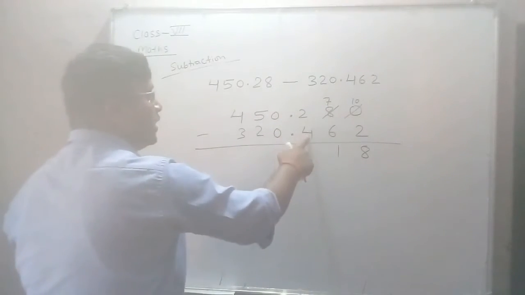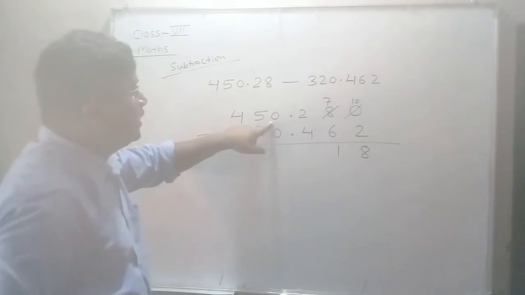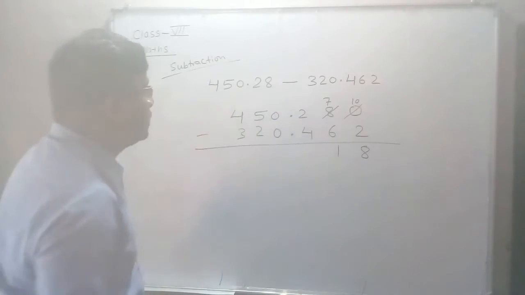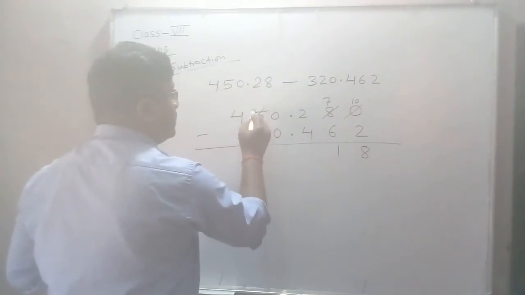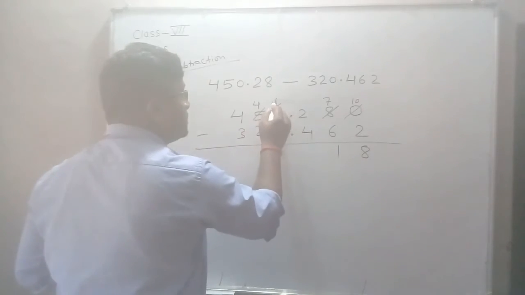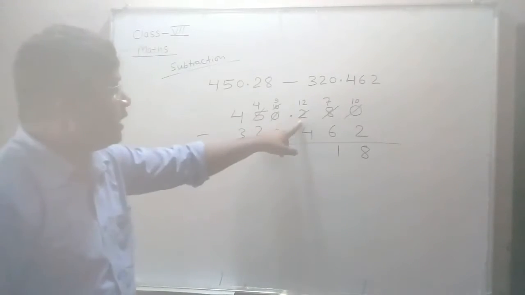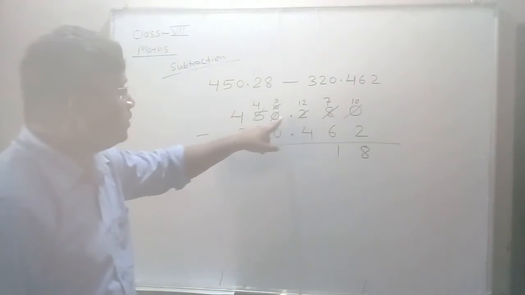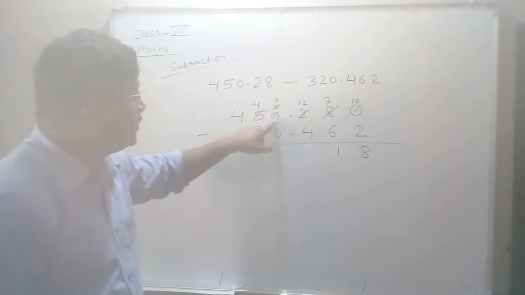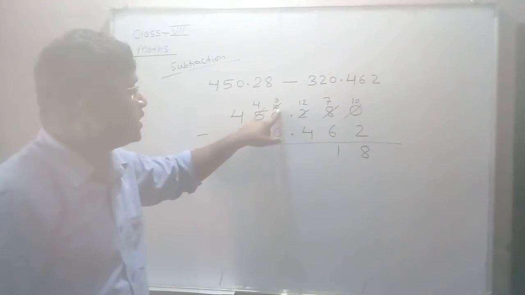Okay, so from 2, 4 cannot be subtracted, so it will ask, but here it is a 0. 0 cannot give 1, so it will ask from 5. So 5 will first give 1 here, so it becomes 10. And 10 will give 1 here, so it becomes 9 and here 12. 2 will ask to borrow from 0, but 0 doesn't have any, so what does the 0 do? 0 will ask from 5, so 5 will give 1, so it becomes 10.